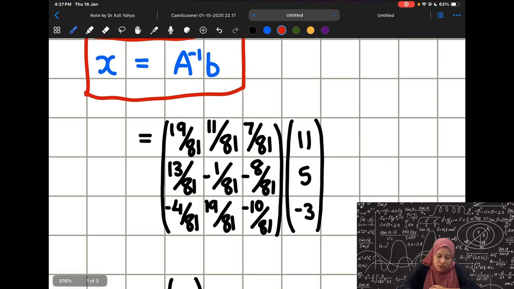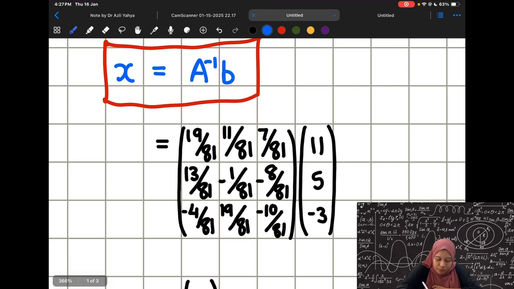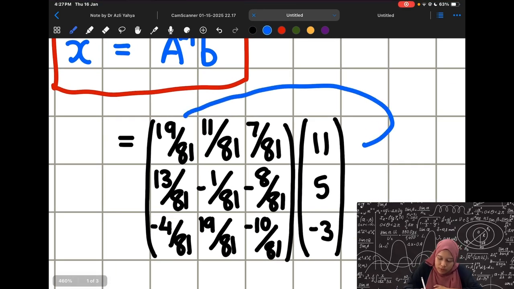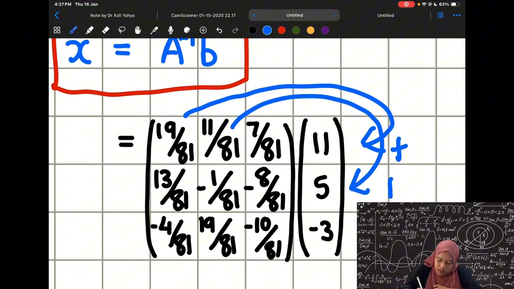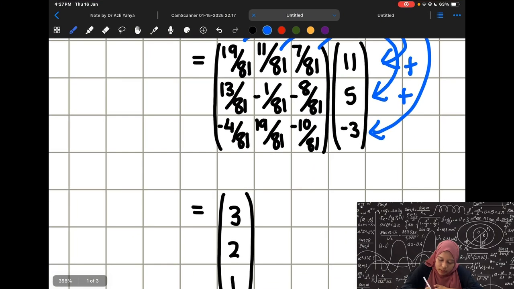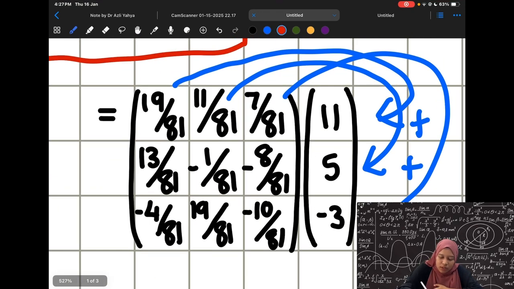So you just need to multiply one by one like this. I'll show you. Okay, this you need to multiply with this, and then plus with this, multiply with this, plus with this, multiply with this. Okay, and then you will get the value of 3. Same goes to the others.